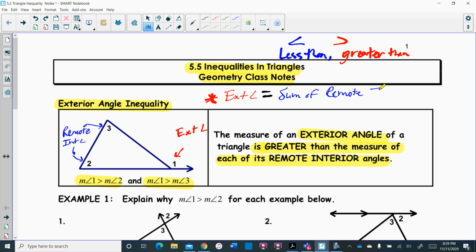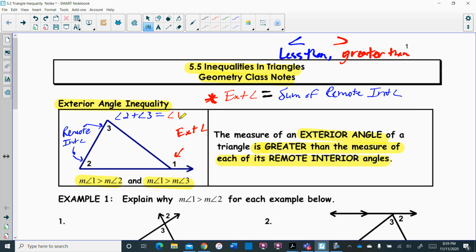Okay, so that's the theorem. It takes 2 and 3 together to equal 1. So the measure of angle 2 plus the measure of angle 3 will equal our angle 1, our exterior angle.